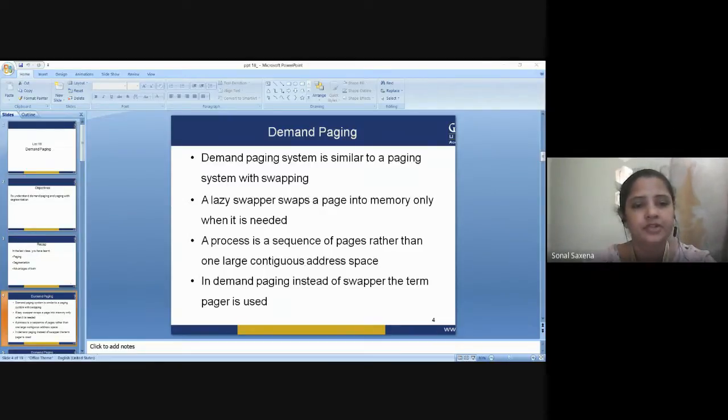Then if the page is valid and it is in the memory, we continue processing the instruction as normal.